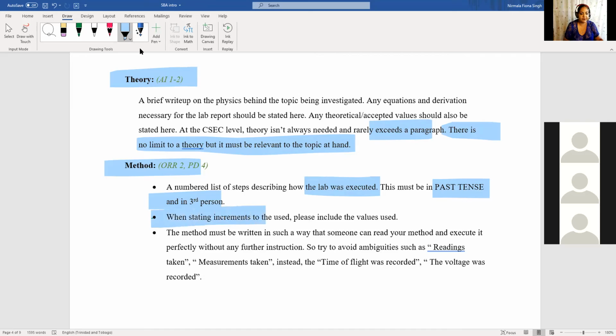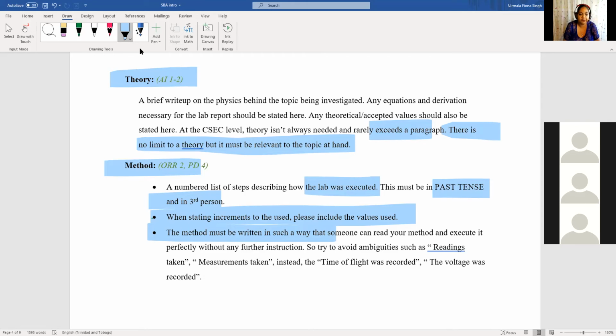When stating increments to be used, please include the values to be used. I will show you how to do this in the beginning. Anytime we have to take certain measurements, tell the people what measurements to take. Tell the people when you have to take a measurement. So this is the best way to think about a method. A method should be written in such a way that someone can read your method and execute it perfectly without any further instruction.